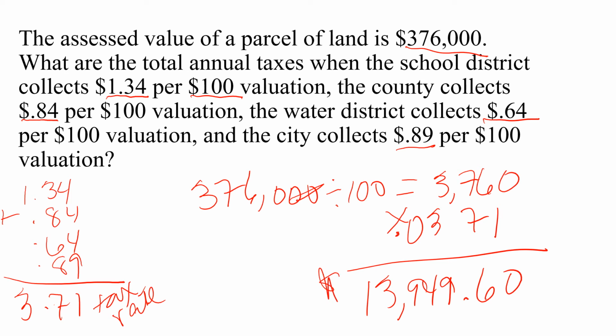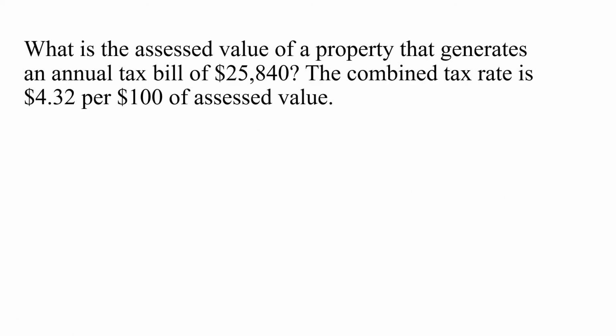So in the previous questions, it's been given us this number. We had to add all of the values up to get that number ourselves. This question: what is the assessed value of a property that generates an annual tax bill of $25,840? The combined tax rate is $4.32 per 100. So they went back to adding it all up for us, which we appreciate, right? So let's start with our tax bill.